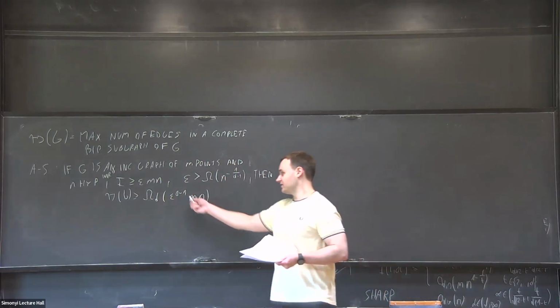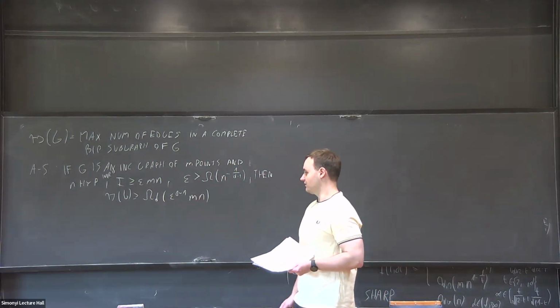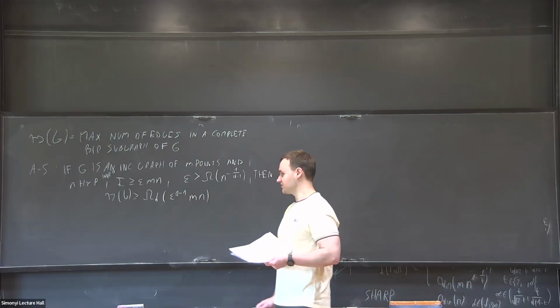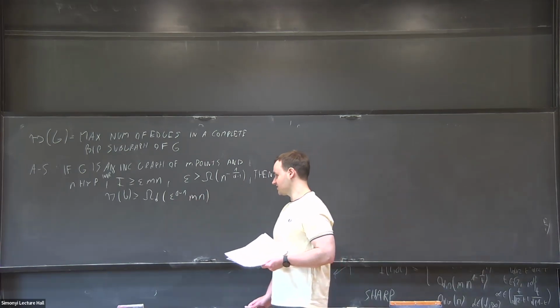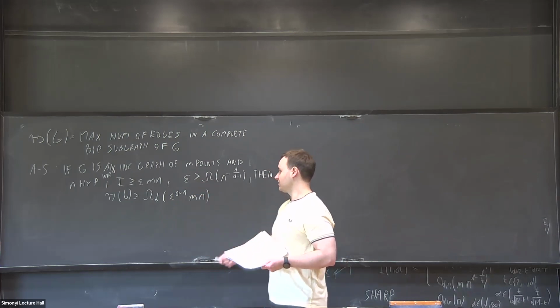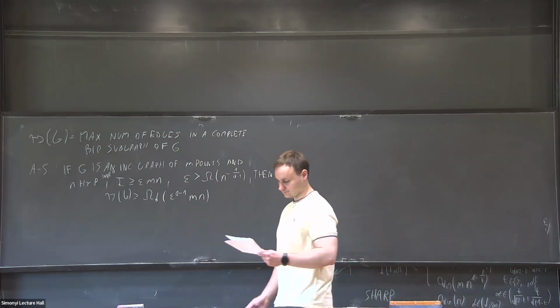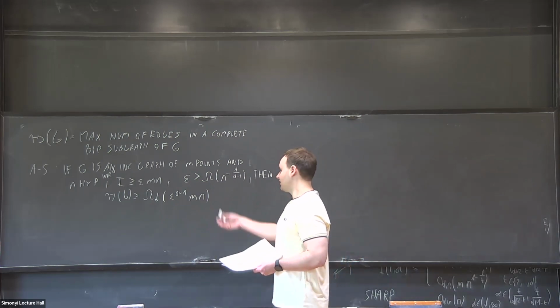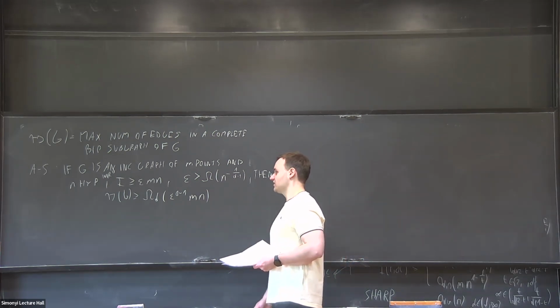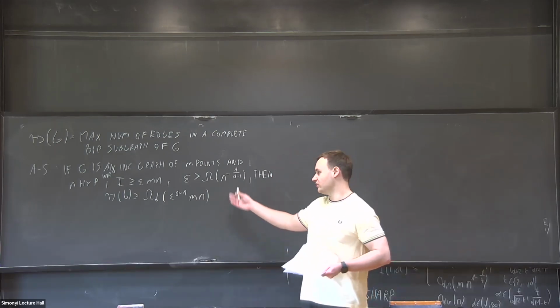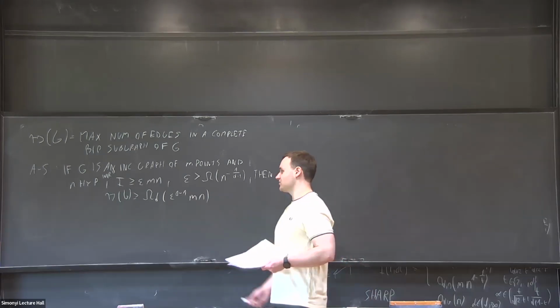So interestingly, when epsilon is a constant, we can find a really huge bipartite graph, almost covering all the vertices. But this is very good even when epsilon is not too small. Unfortunately, here we have the same issue that we don't really know how good this theorem is. There aren't really examples achieving this.